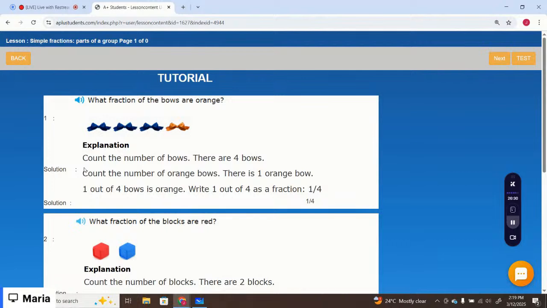We have a total of 4 bows, and only one of them is orange, so that is 1 out of 4.